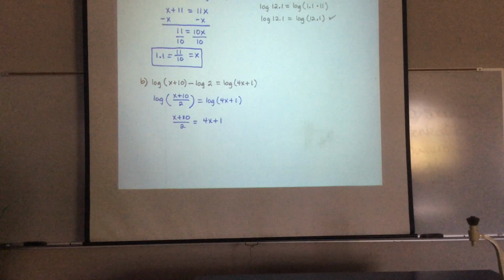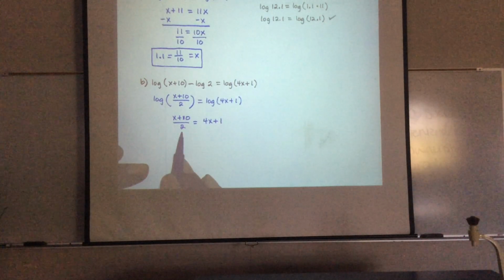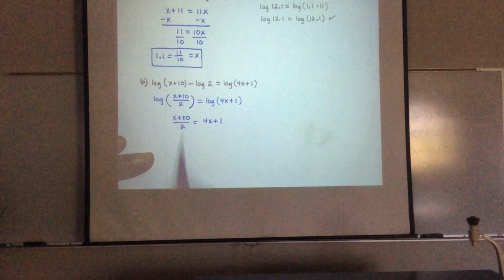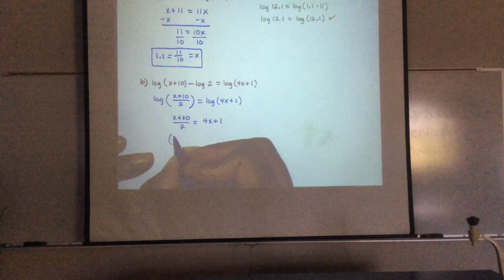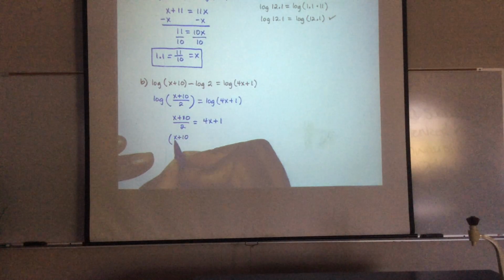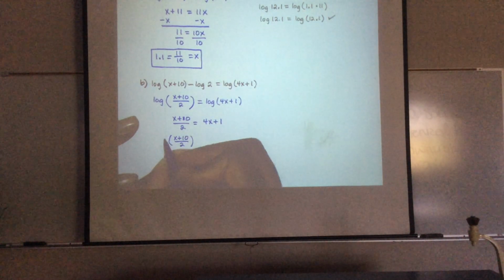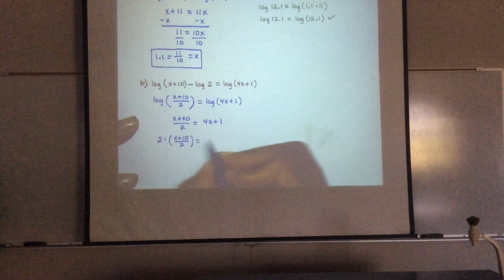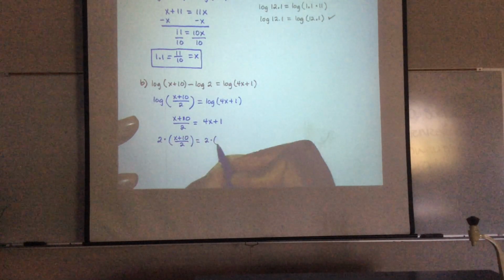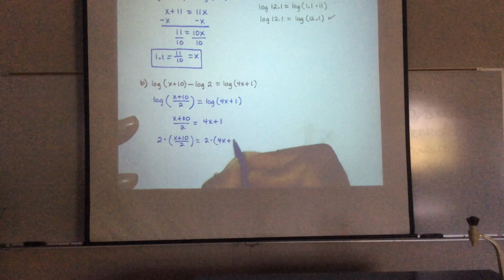And now to solve for x, well, I got that 2 in the denominator. I'm going to get rid of that by multiplying both sides by 2. This will be 2 times that 4x plus 1.